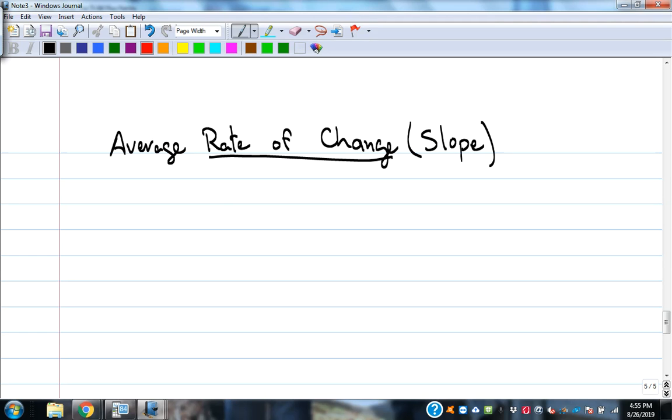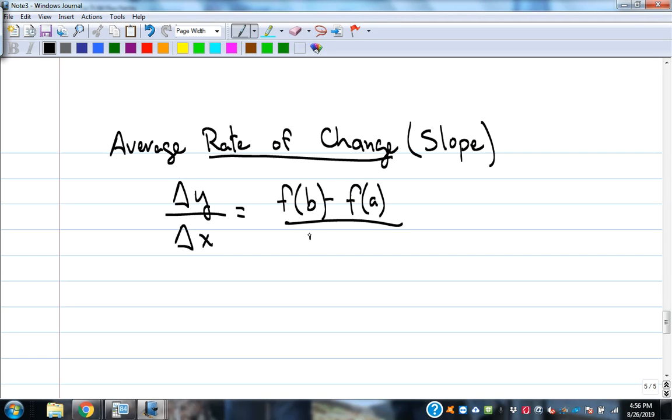Okay, when we talk about it, if you look it up in a college level textbook, they're going to use fancy notation, delta y over delta x, and then they'll use f of b minus f of a over b minus a, and it looks like it's super complicated, but when we were in high school, we learned it this way: y2 minus y1 over x2 minus x1.